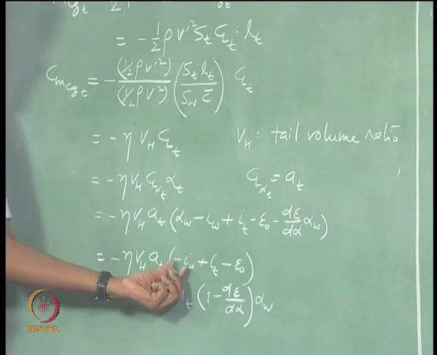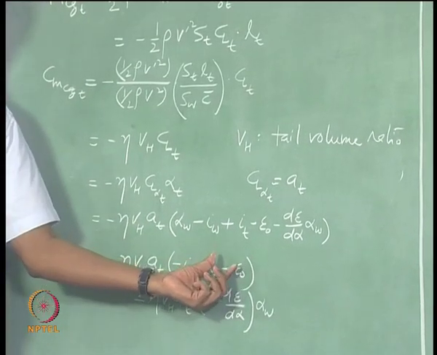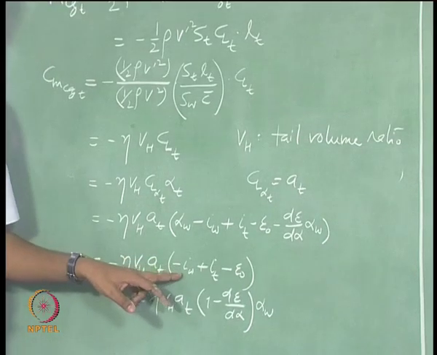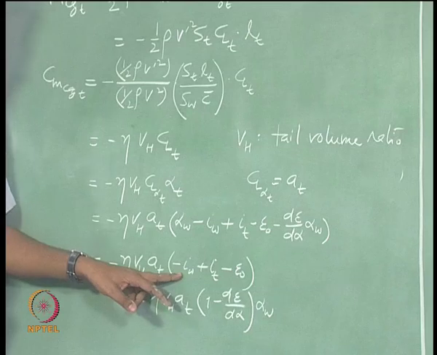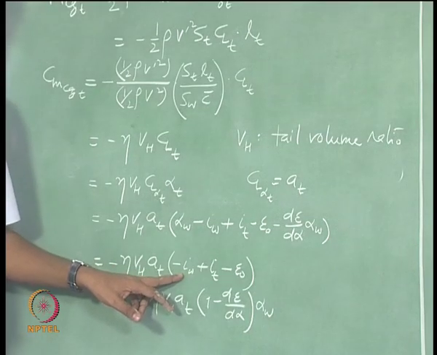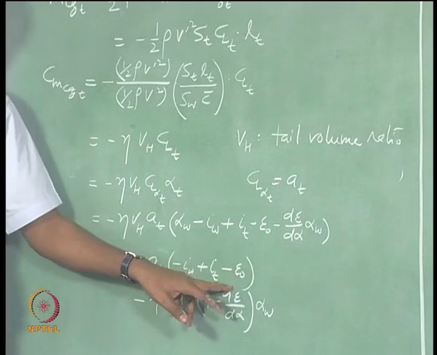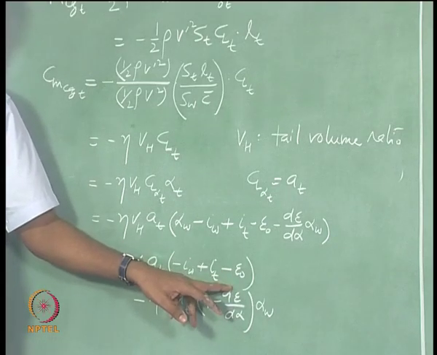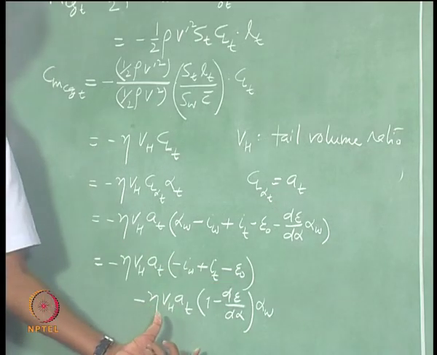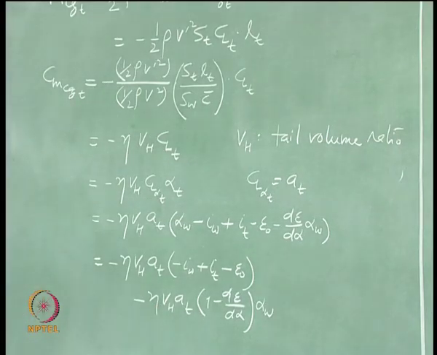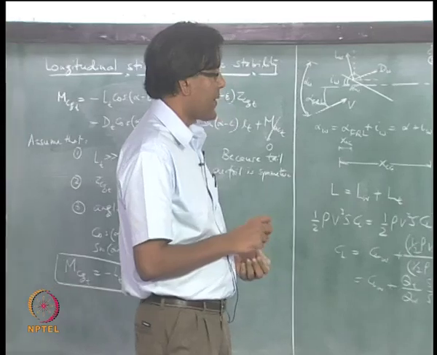Right. So, all these quantities here are fixed, right. So, you can fix your wing incidence with respect to the fuselage reference line, i_T tail incidence and this epsilon naught, right. This part is the function of angle of attack, right. Okay.